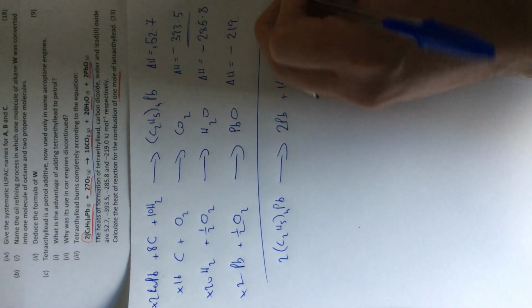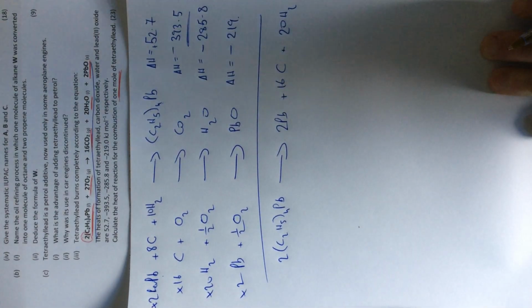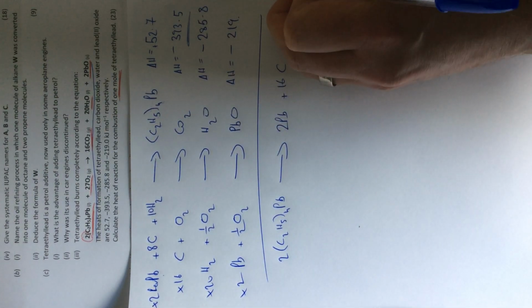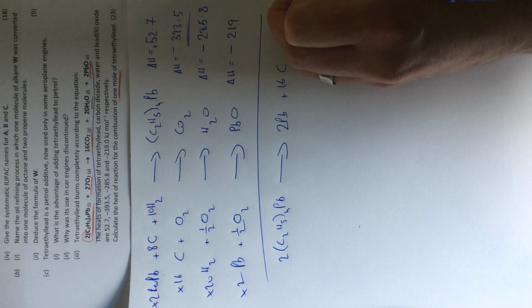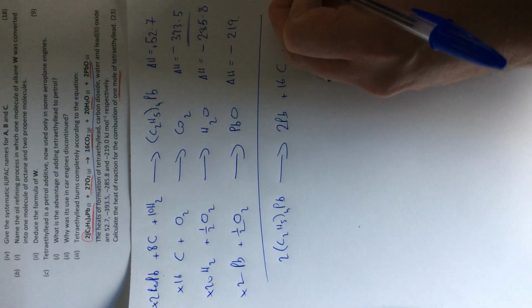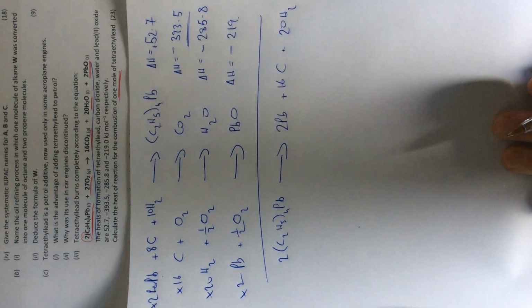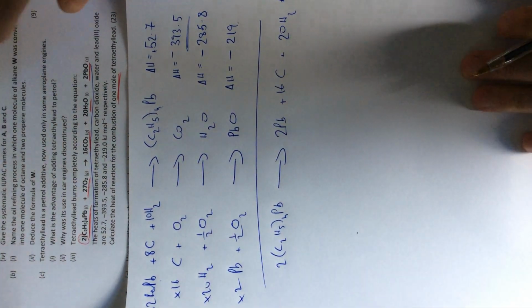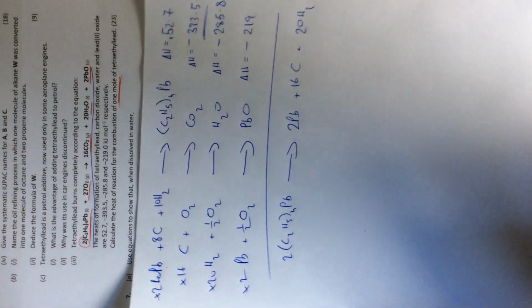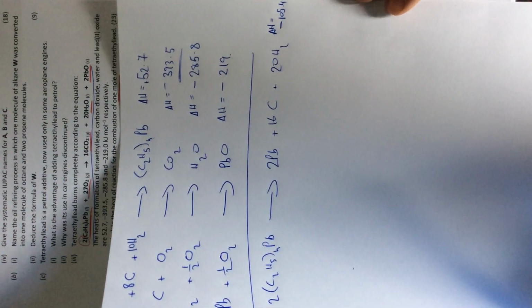And our delta H is now going to become, you're going to have to reverse it, so you're going to have to change the sign on that, and multiplying it by 2, it's going to be 105.4. Okay, sorry, it's going over there now. I'll have to move this around a bit. Okay, can you see that?